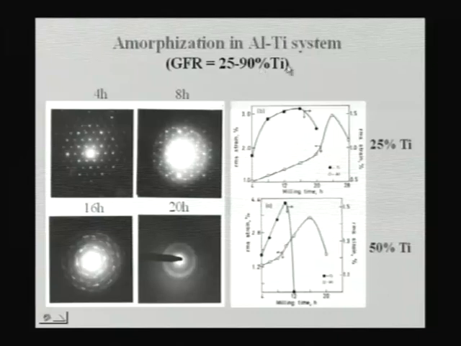Whereas if you look at the same system, aluminum titanium, by rapid solidification processing, if any of you have looked at this phase diagram, aluminum titanium is basically peritectics. There are a number of peritectics in the aluminum titanium phase diagram, and there are no eutectics, because of which, you know, if a system does not have eutectics, it is very difficult to form a glass.